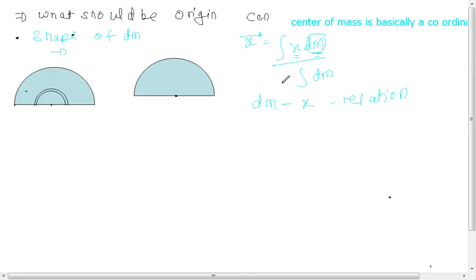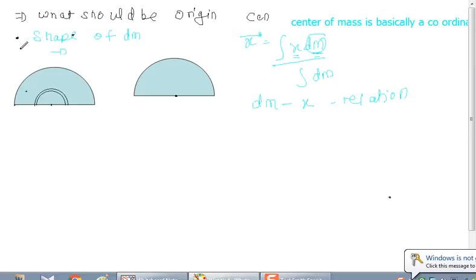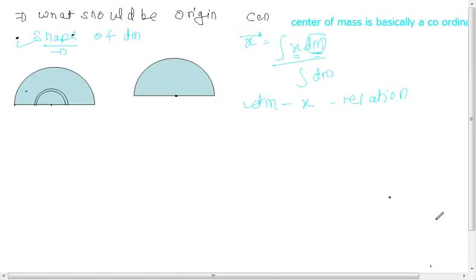The shape of dm helps us in finding this relationship, and after that we have to integrate it. These are the steps in which people think when they encounter this type of problem.